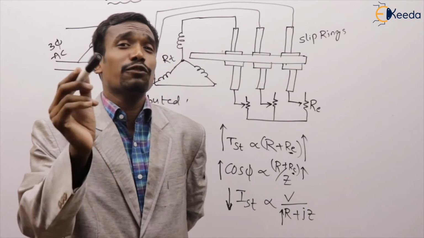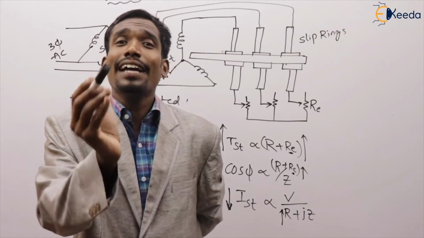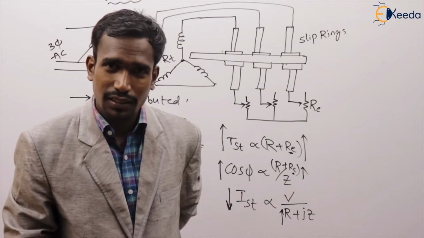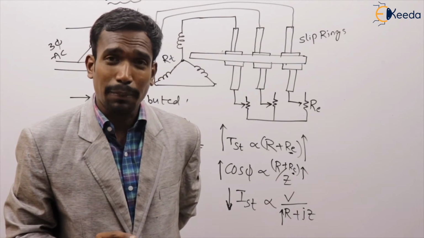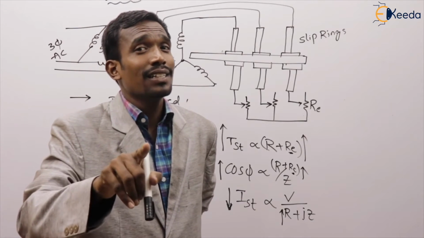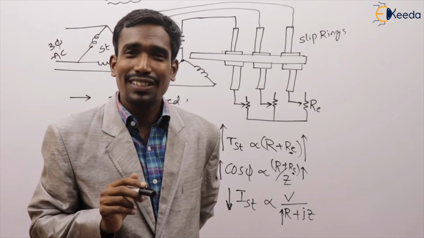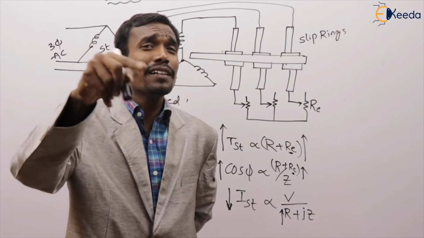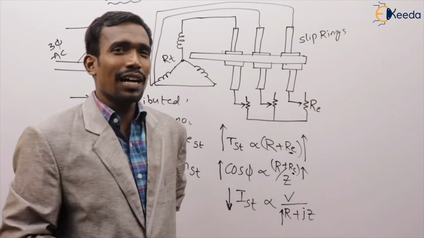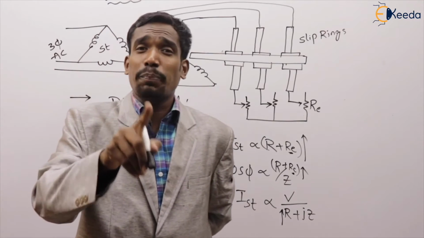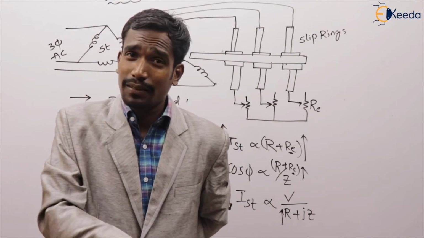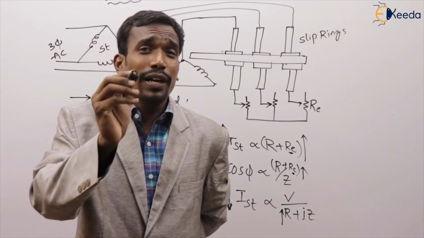The applications of slip ring induction motor are high starting torque applications as well as variable speed applications also. They are called variable speed applications. Sir, you told that we cannot control the speed by pole changing method because it is very difficult.